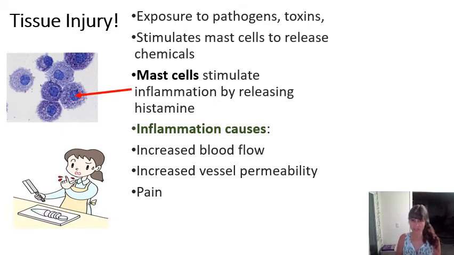That means inflammation is going to cause an increase in blood flow, and as the blood vessel permeability increases, more fluid can leak out of those capillaries into the surrounding area, causing swelling and pain.